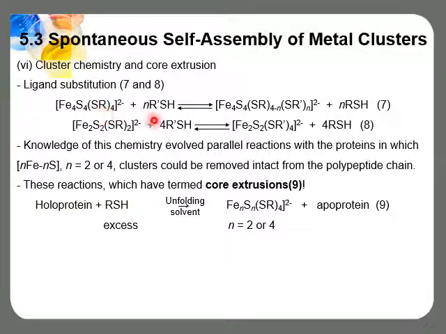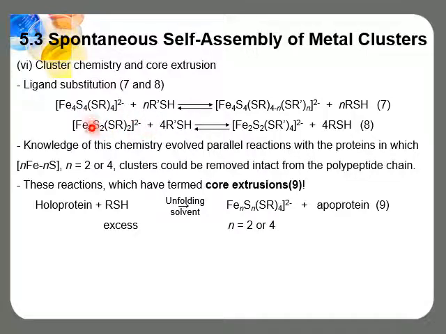When we add an excess amount of thiols, the thiol here with R prime and the thiol here with R can be replaced. So here these thiolates are from the proteins and these thiolates are from the solution. If this thiolate and this thiolate are exchanged, this iron-sulfur unit can be detached from the protein.